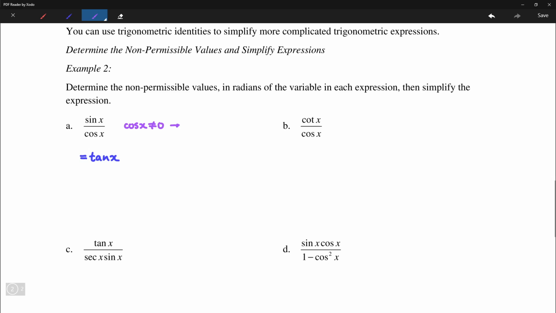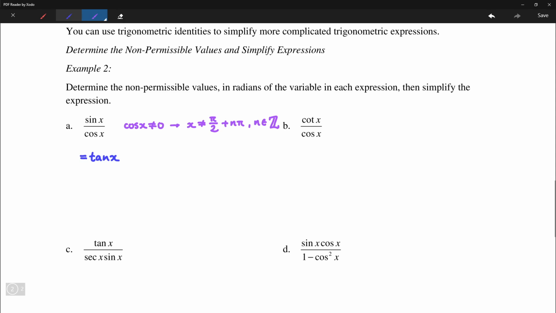And as we saw earlier, if cosine x cannot be equal to 0, then x cannot be equal to pi over 2, 3 pi over 2, and so forth. And it generalizes to pi over 2 plus n pi, where n is an integer. So that is our restriction for this expression. So that is to say, sine x divided by cosine x is equal to tangent x, provided that x is not equal to pi over 2 plus n pi for some n, where n is an integer.